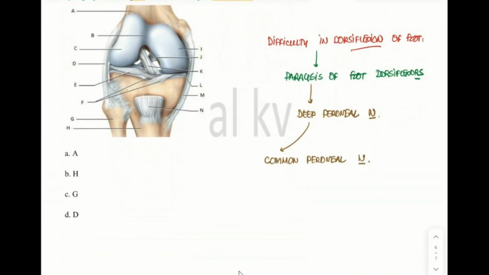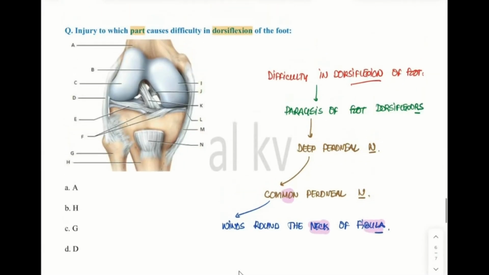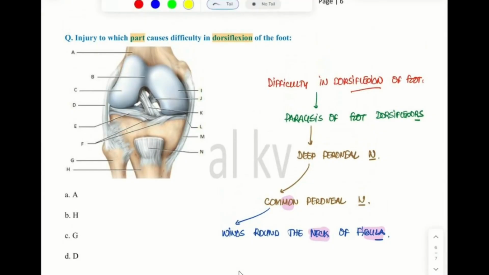Now the common peroneal nerve, anatomically it winds around the neck of the fibula, and if there is any fracture of the neck of the fibula, there is more possibility of injury to the common peroneal nerve. So from the given image, we have to identify which area is the neck of the fibula. So if you see, this is the neck of the fibula. Clear?